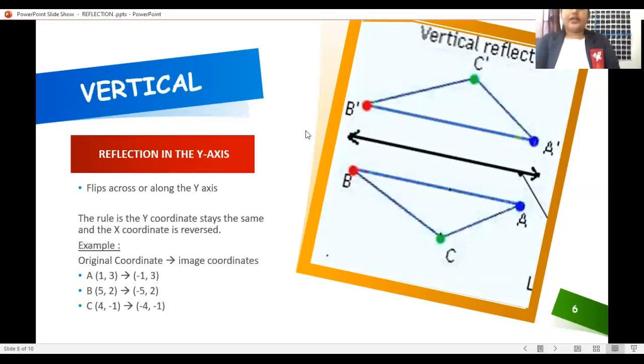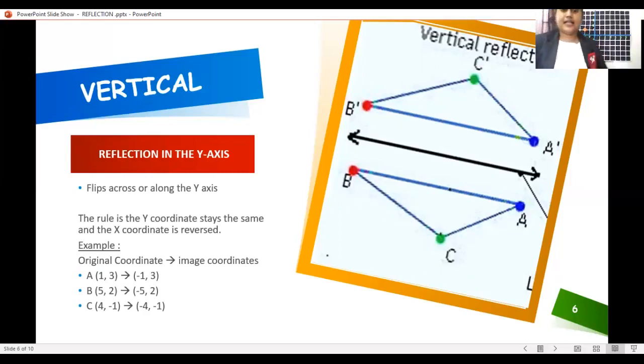Good. Now let us look at the vertical one. We're going to use the same technique. We're now going to fold our paper vertically. So when we are reflecting in the vertical line, we are reflecting in the y-axis, because the vertical line is the y-axis in our coordinate plane.